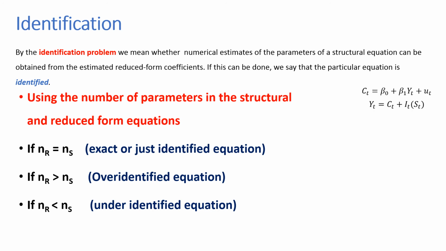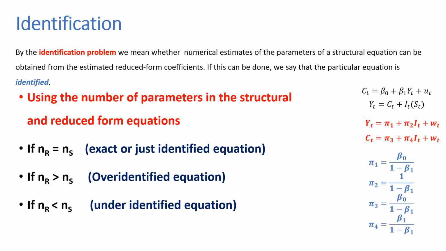So let me remind you again with the example of consumption. Again, we have the following two equations, which are, of course, structural equations. In order to apply the ILS, or indirect least squares, to estimate beta naught and beta 1, first we derive the reduced form, given by these two equations. Then, since the assumptions are satisfied, we can apply the OLS to obtain the reduced form parameters pi 1, pi 2, pi 3, and pi 4.